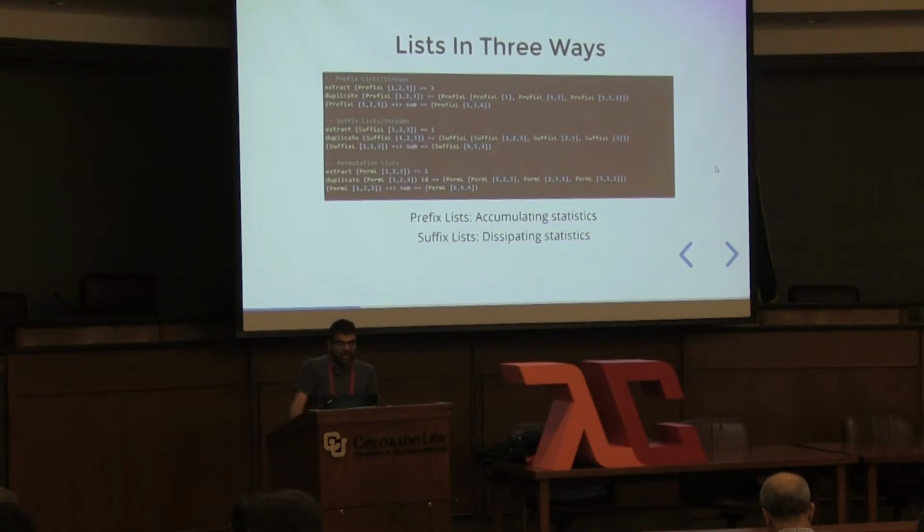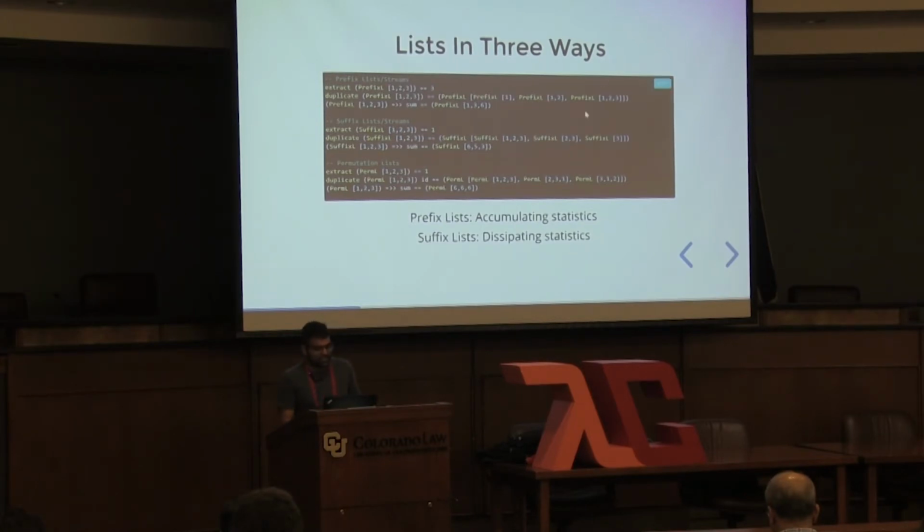So list comonads are actually a comonad in at least 3 different ways. You have prefix lists, where the duplicate function gives you the set of all prefixes of that list, and extract will give you the last element of the list. You need prefix lists to satisfy the comonad laws.